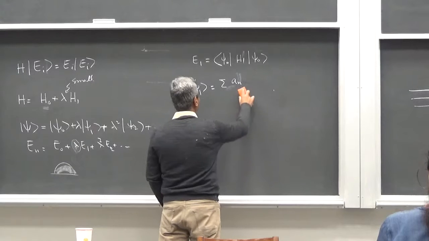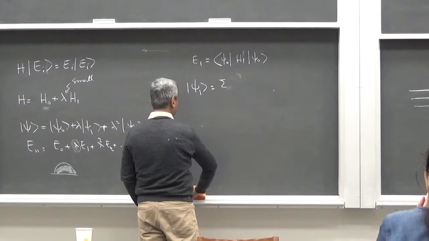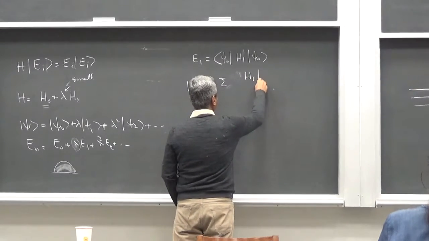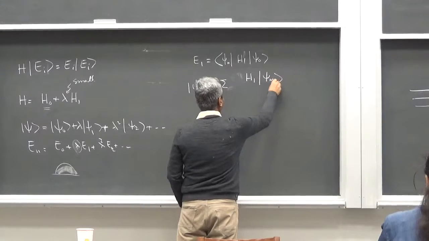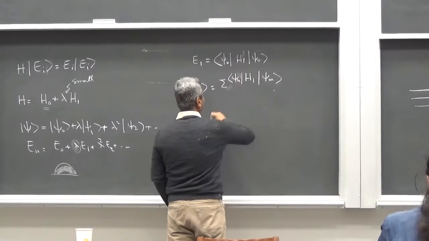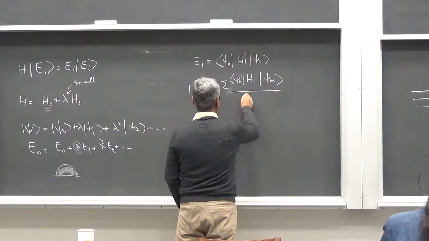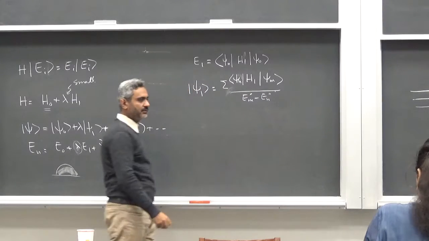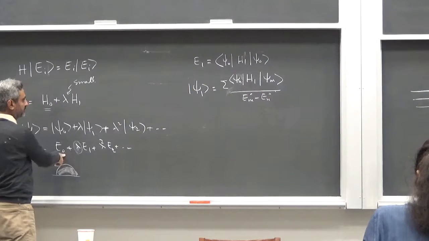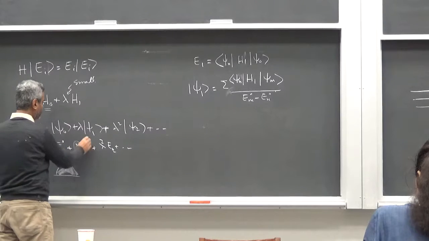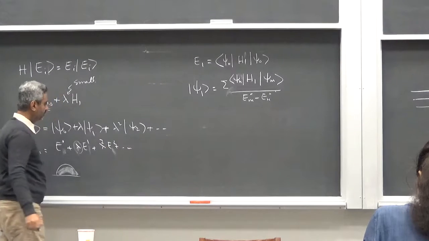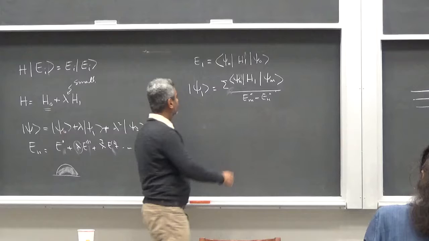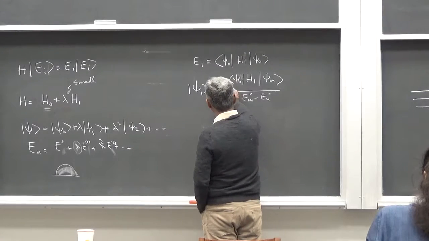How we are combining the states, the eigenbases of H naught. So H1 mn, psi m, over En naught minus Em naught, with m not equal to n.